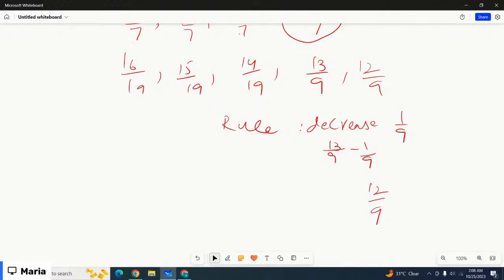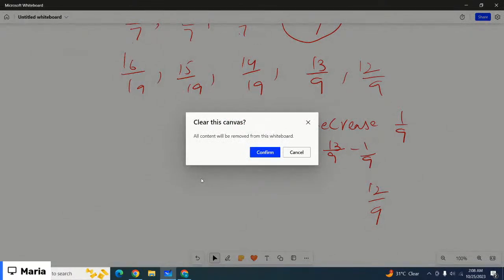So this is the arithmetic sequences with fractions. Now let's see what geometric sequences with fractions are. You can note down the definition. I'm going to write the definition of geometric sequences on the board.